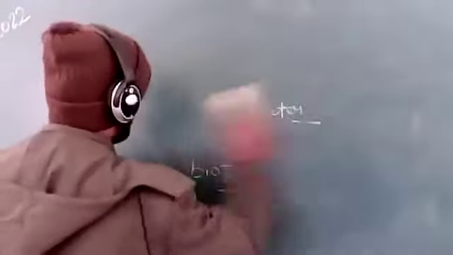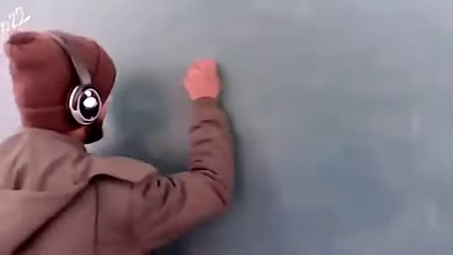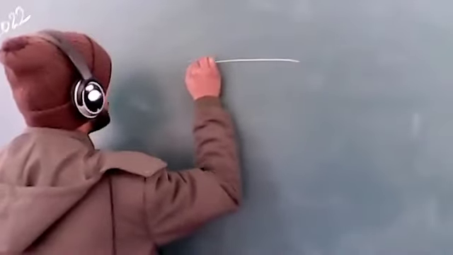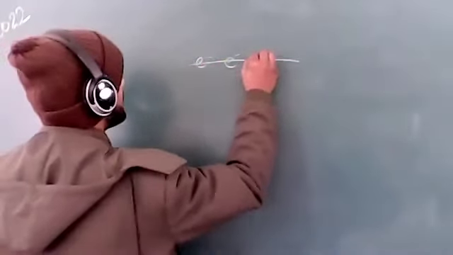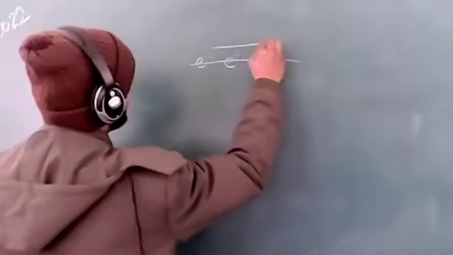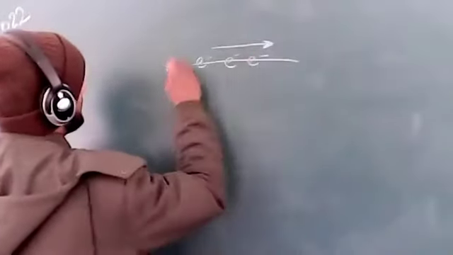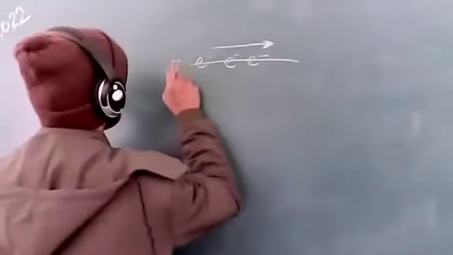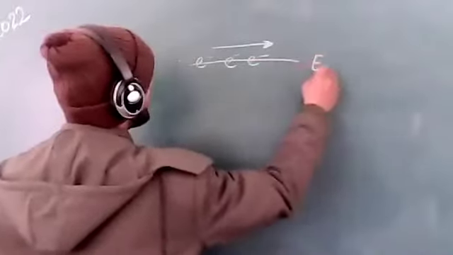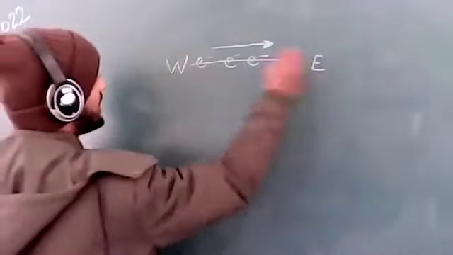One more thing to remember: the direction of electric current is always opposite to the flow of electrons. Suppose the electron is flowing in this direction, from west to east.